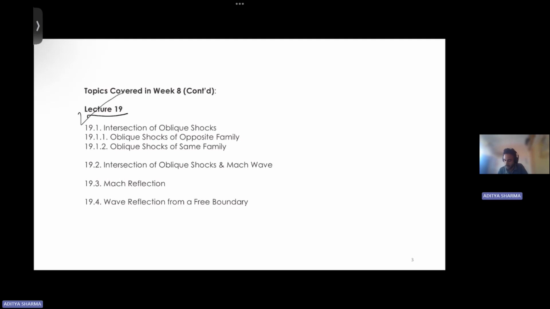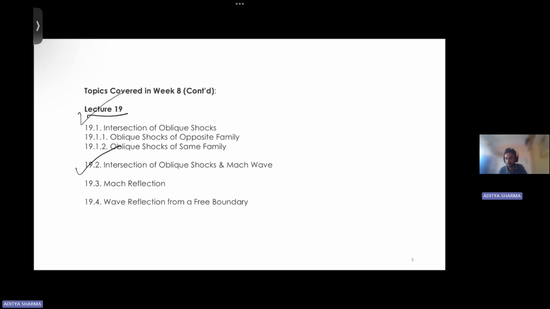So, intersection of oblique shock. Then, in the same way, we have oblique shocks and Mach waves, and how these interactions take place has been discussed in this topic.